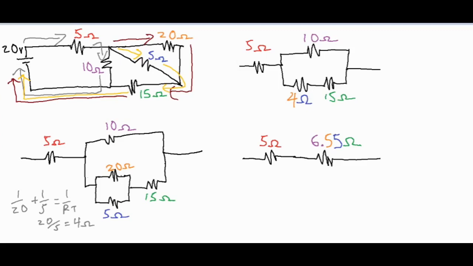Next, we're going to collapse it 1 more time. Now we have a mini series circuit here with the 4 and the 15 together, and those 2 together are going to act like a 19 ohm resistor because everything that goes through this branch will have to go through the 4 and the 15, so it's going to act like a 19. So we're going to do 1 more calculation where we have a 10 ohm resistor in the top branch and then 19 ohms total in the bottom, and that equals 1 over RT.